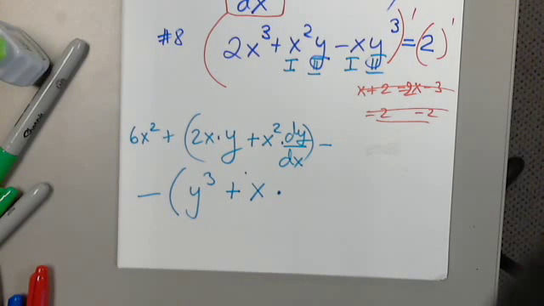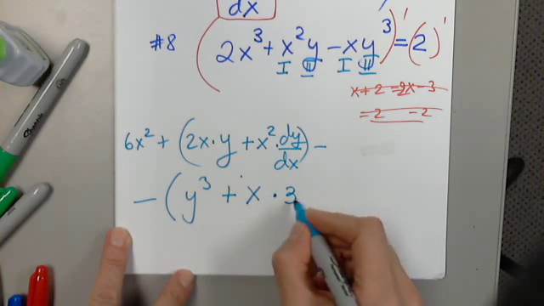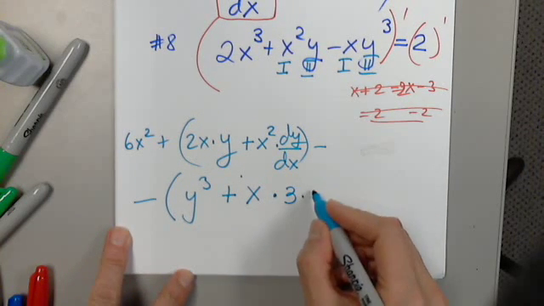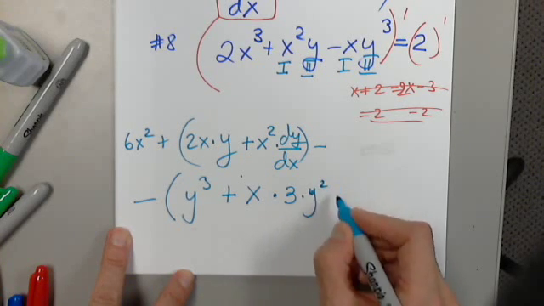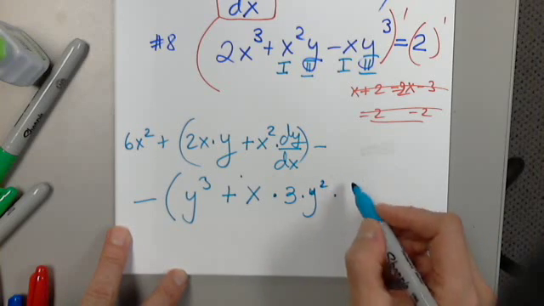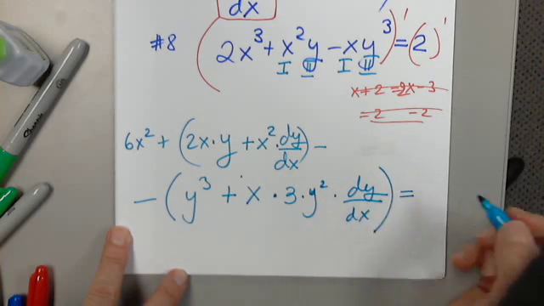How do I differentiate a function to a third power? Times, not yet, y squared times dy over dx, indeed. Close the parenthesis and then the right-hand side now.